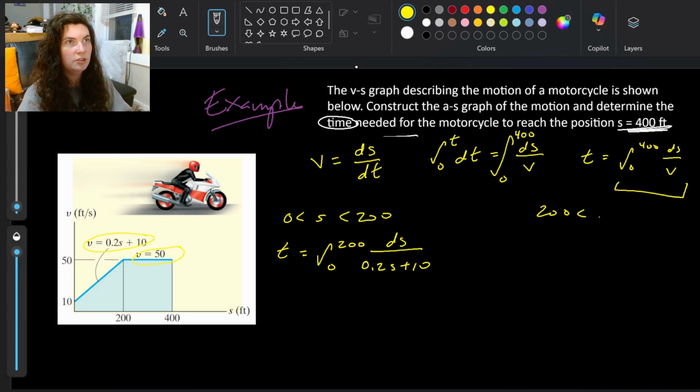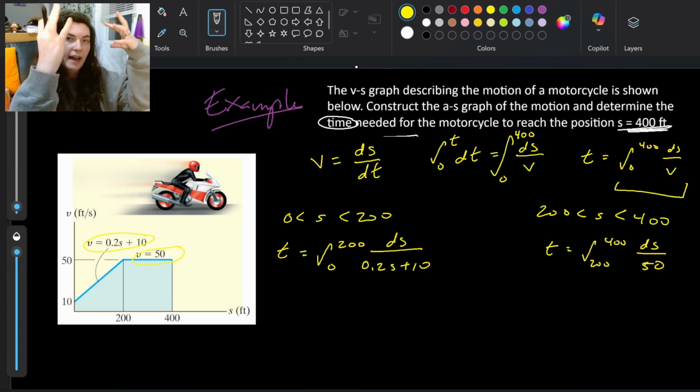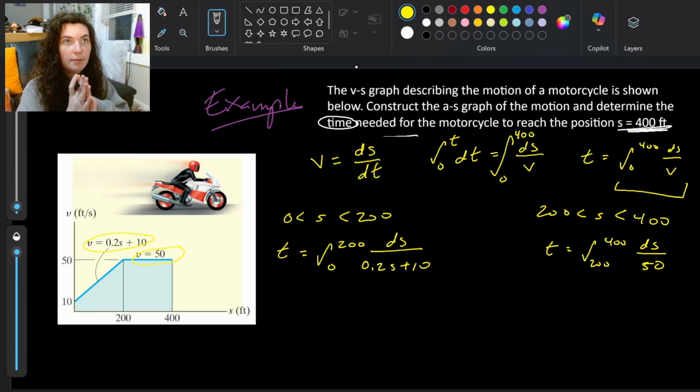Whereas for our 200 to 400 segment, the time is going to be the integral from 200 to 400 of ds over our velocity, which there is just a constant 50. So these are the two time functions that we're going to need to calculate individually and then add together to get a total time.